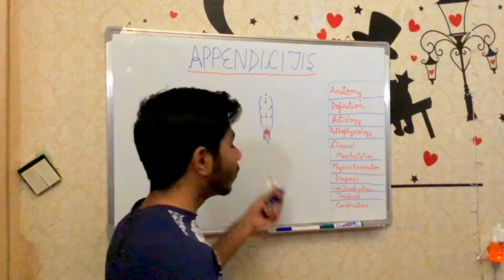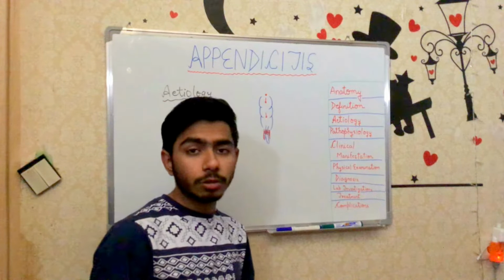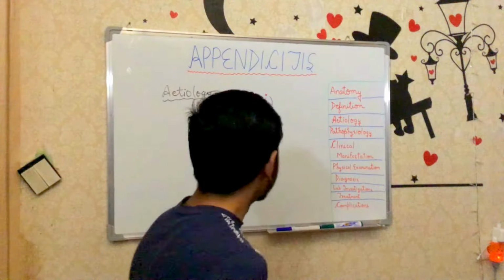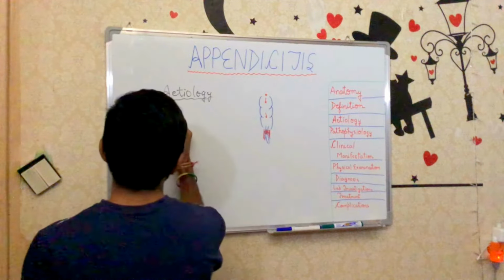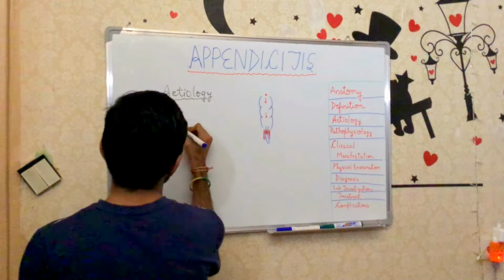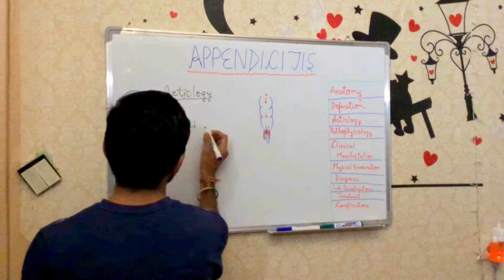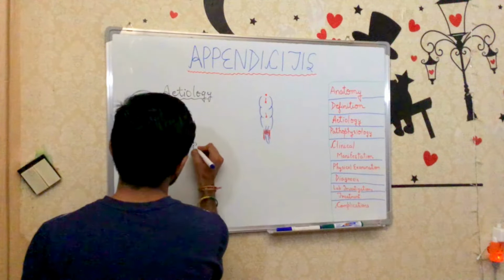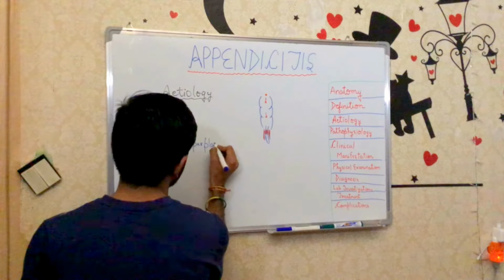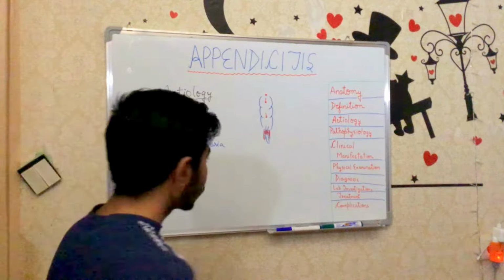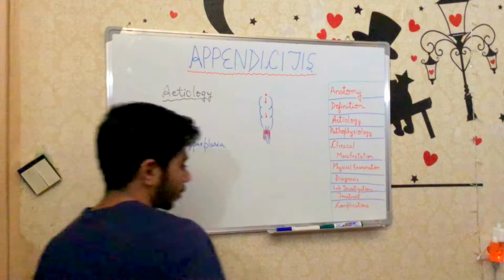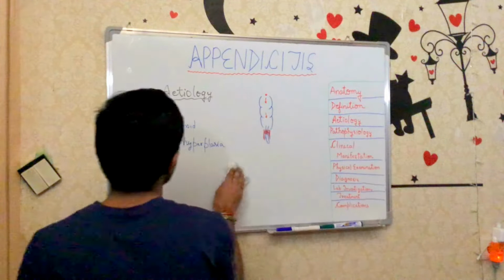So if there is lymphoid hyperplasia, it could lead to acute appendicitis. You can add this in the etiology, that lymphoid hyperplasia can also be a major cause of acute appendicitis. Now, let's move on to pathophysiology.